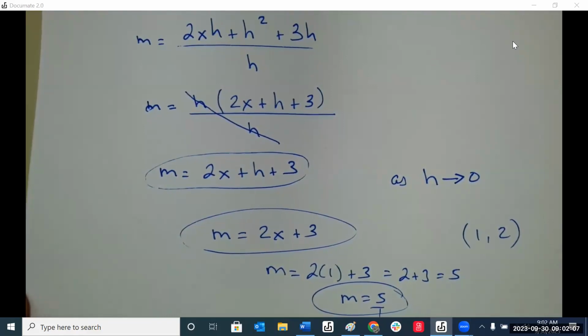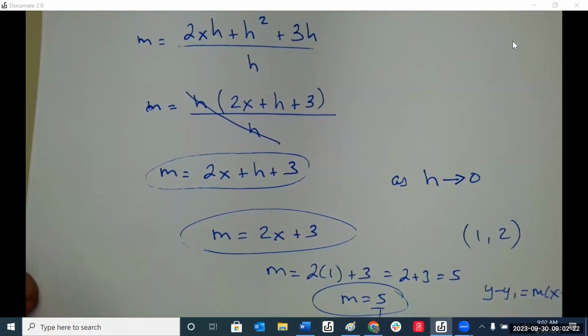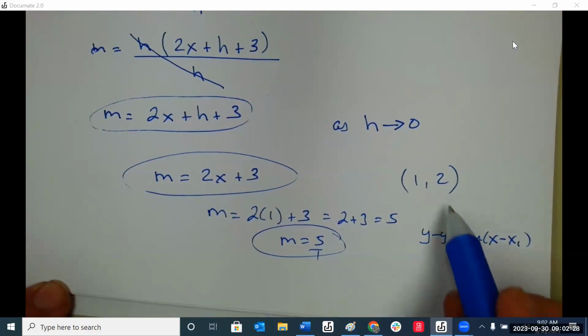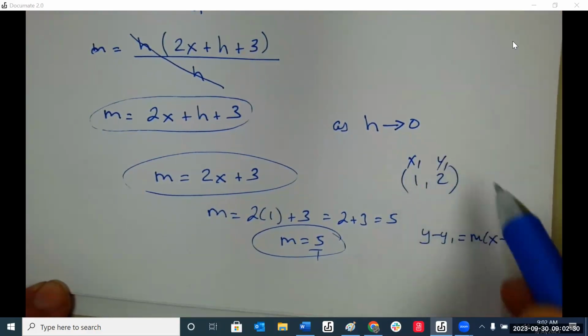And then from there, we find the equation of a line, because we're looking for the equation of the tangent line. Remember how we did that in chapter 1? We have a point and a slope. This is x1, this is y1, that's m.